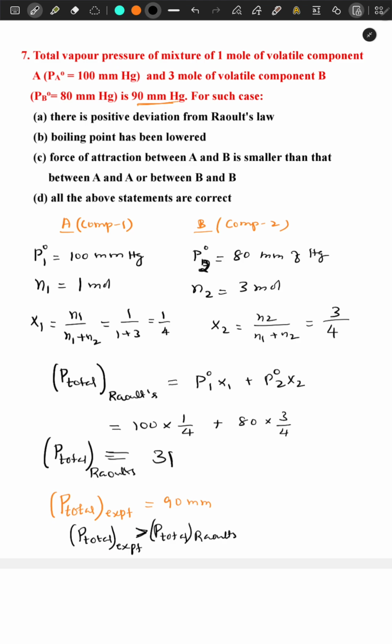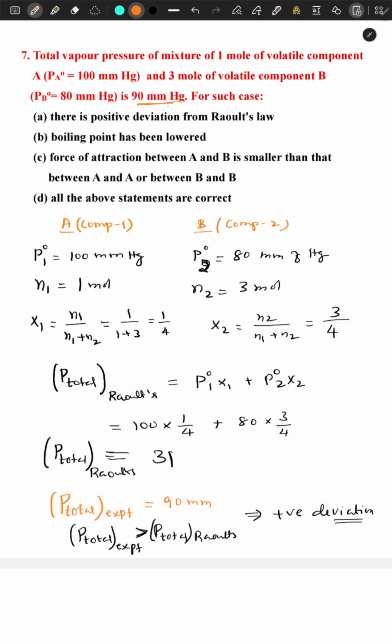When the vapor pressure by Raoult's law is lesser than that calculated by experiment, the mixture shows positive deviation from Raoult's law. Because the experimental value is greater than the value calculated by Raoult's law, that mixture shows positive deviation from Raoult's law.